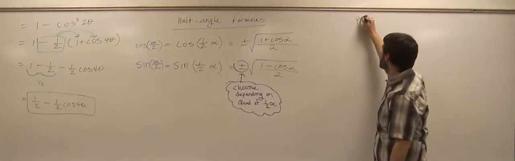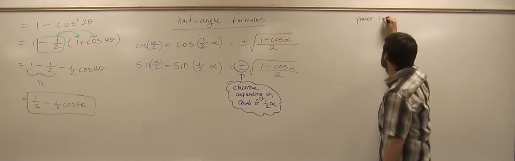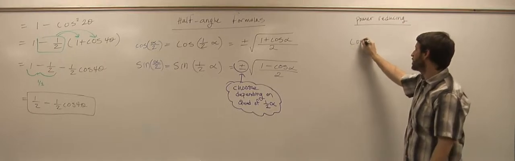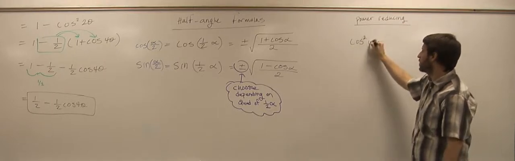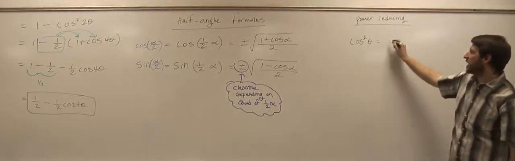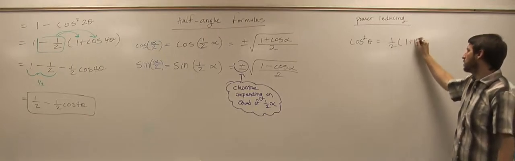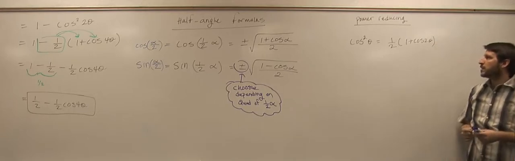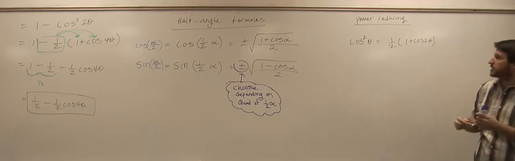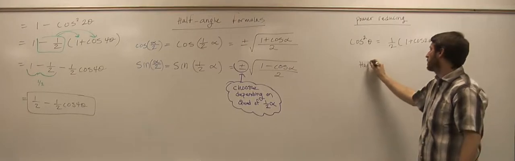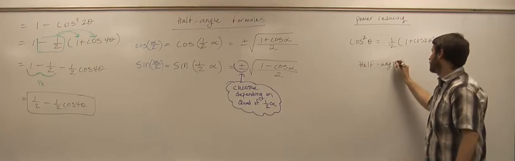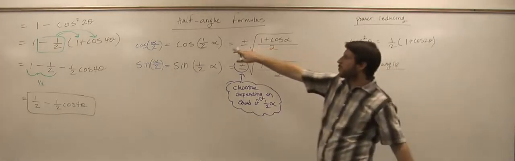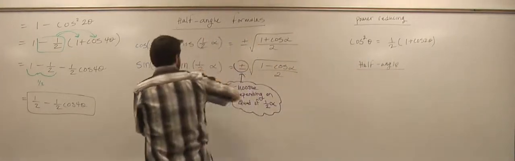If you remember our power reducing formula said, for example, that we can exchange a square for twice the angle. So all the half angle formula does is it plugs in, instead of theta, 1/2 of alpha, plug in this quantity.